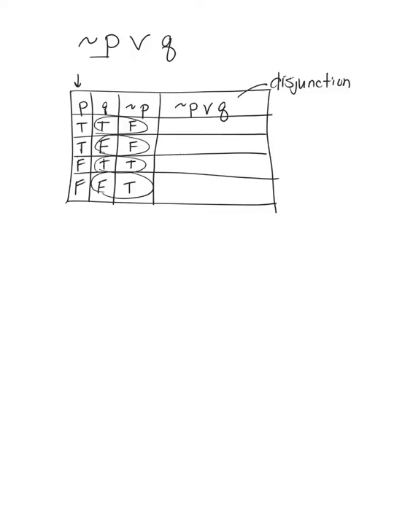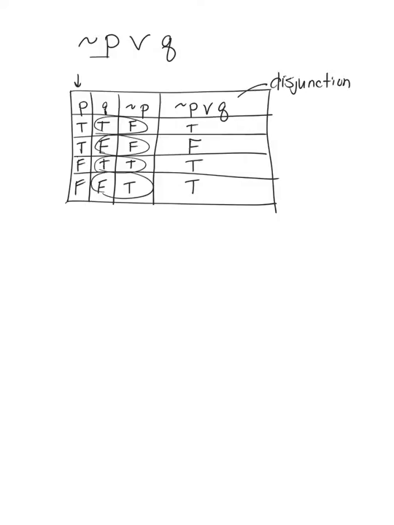With a disjunction, false, false is false, everything else is true. So I like to go down and look at my combinations, and I see here false, false is false. I don't even look at the other combinations. I just know that the rest of them have to be true.